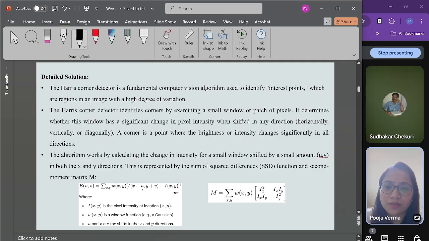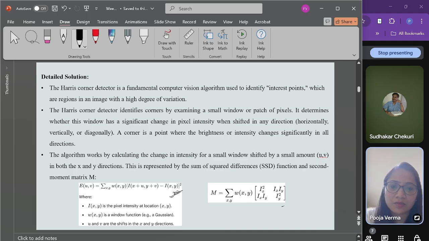Here w(x,y) is the window function and I(x,y) is the pixel intensity at location x,y. And as we said, u,v is the small amount of shift in the x or y direction. So this is the representation of the sum of squared differences of the Harris corner, and this is the matrix representation of the Harris corner, also called the second moment matrix.